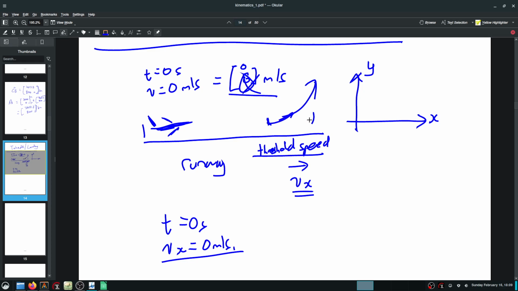Of course the plane doesn't immediately go to this threshold speed. I don't know what the correct term for it is, I'll just call it the threshold speed for now. So you want to design your runway so that your plane can get up to this threshold speed and then take off. Okay, so your runway has to be long enough.